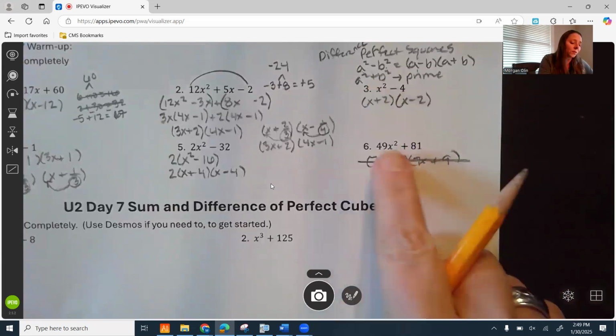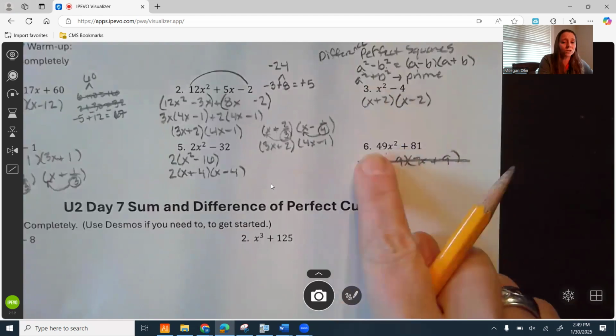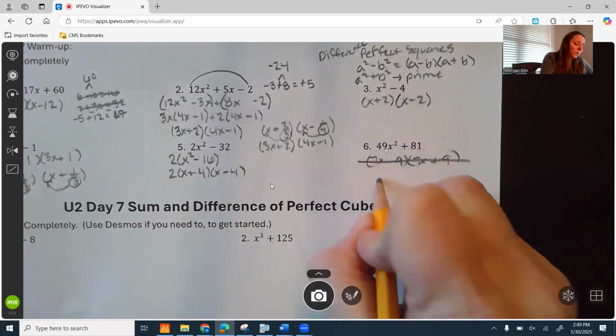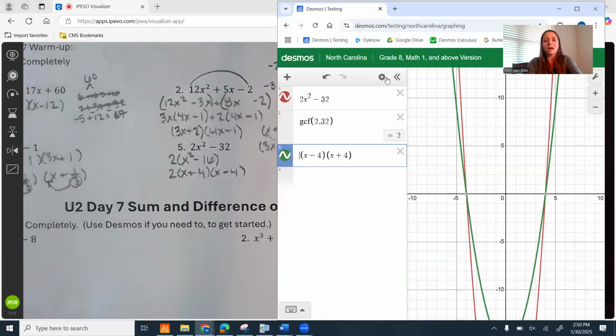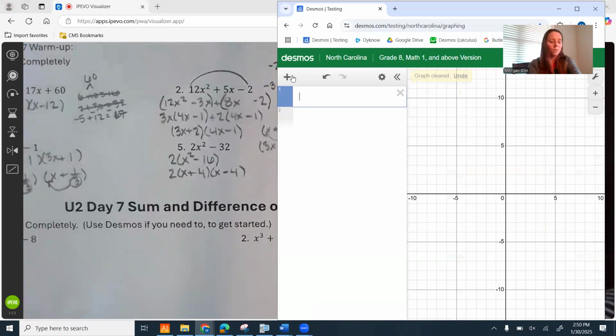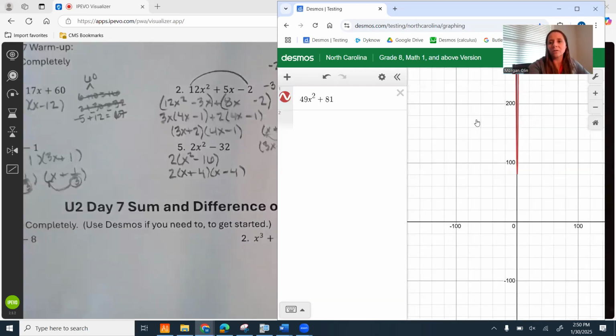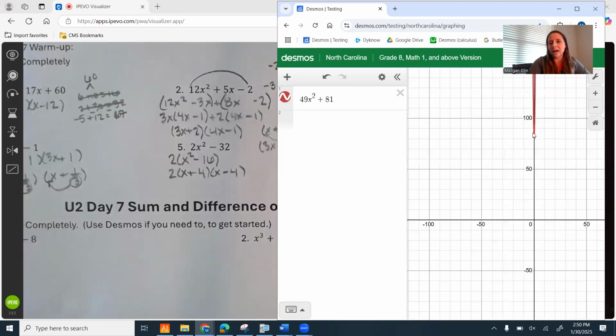And we said when it's 2 perfect squares with a plus, and no GCF pulls out, it's going to be prime. It cannot be factored. We can also throw this into our calculator, 49x squared plus 81, and we'll notice that this graph doesn't cross the x-axis at all. When I start zooming, there you go. It's up here. It doesn't cross the x-axis.